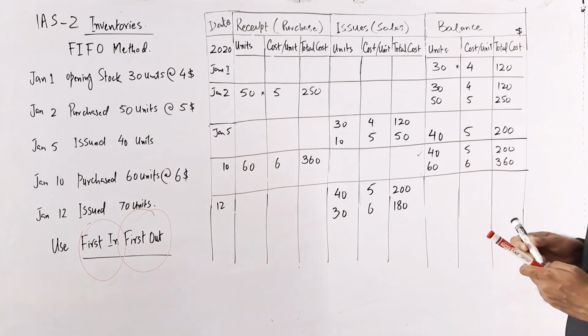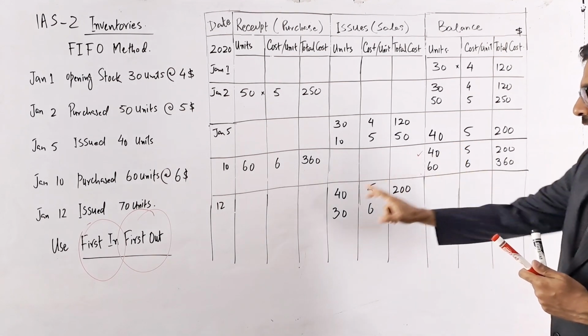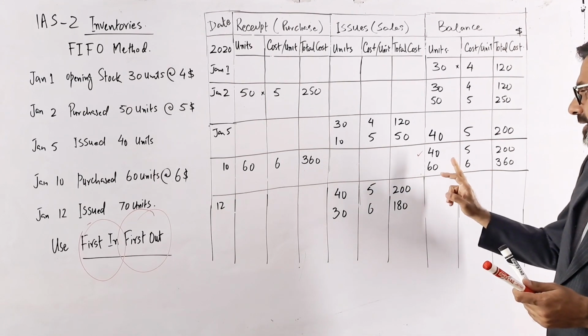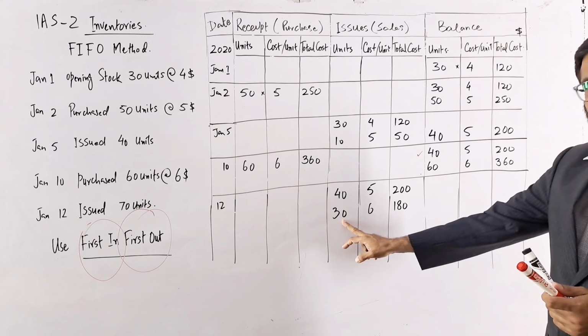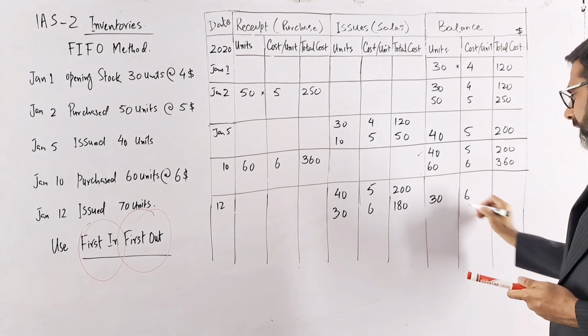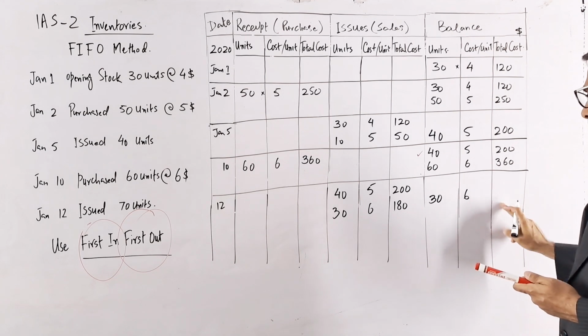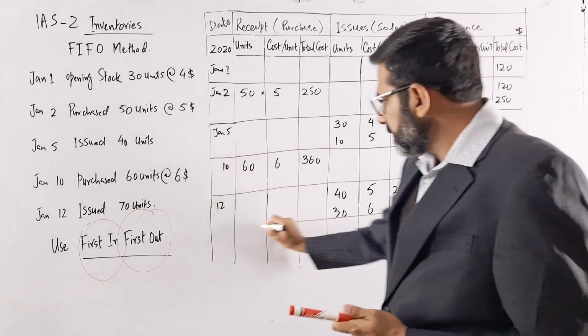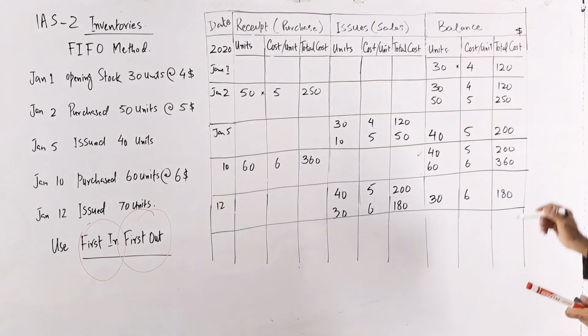If we look at that, 40 units were there, 40 units issued, meaning the balance is nil. From here 60 units were there and we have issued 30 units, so the balance will be 30 units at the cost of 6, so it will be how much? It will be 180. So this transaction is also complete.